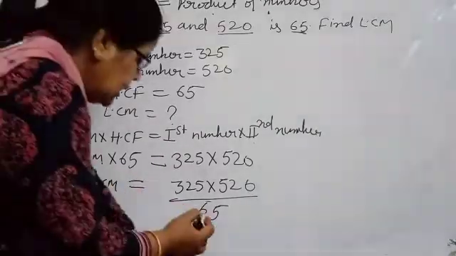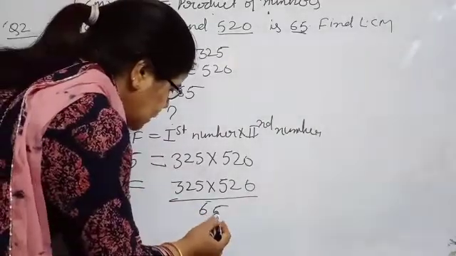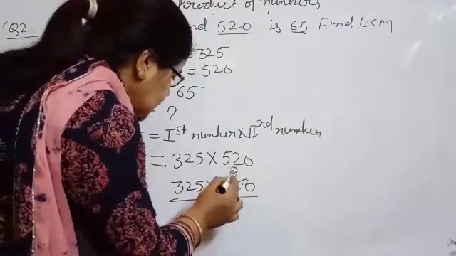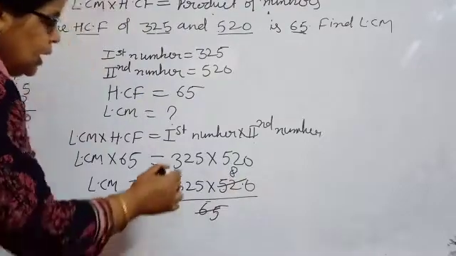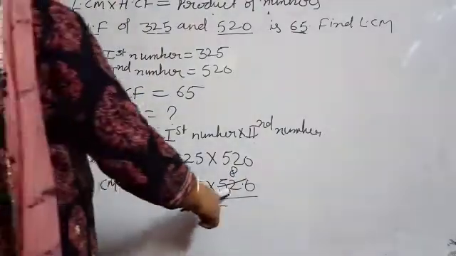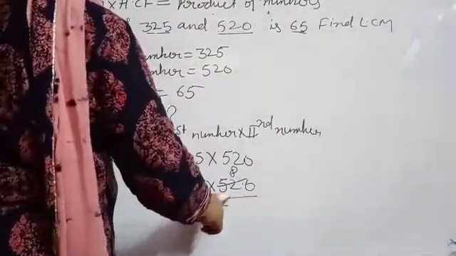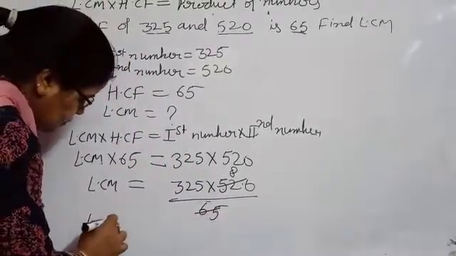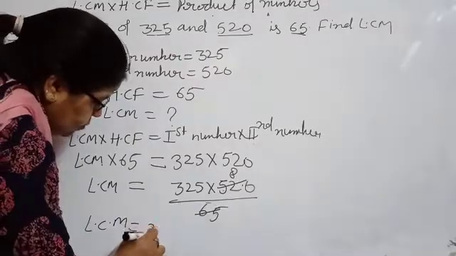You can see that if you divide 520 by 65, it cancels 8 times. 8 will become the quotient. So LCM is equal to 325 into 8.